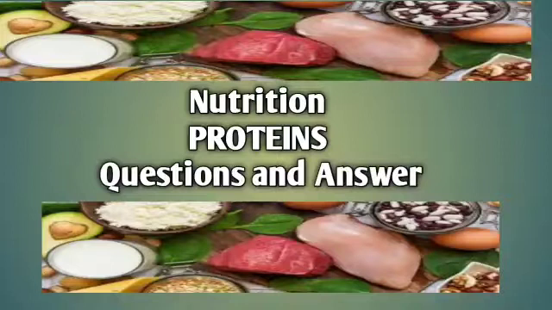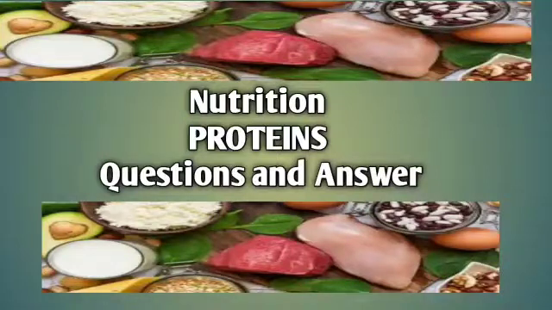Plant complete proteins are soy and buckwheat. Amino acids are the building blocks of protein. An amino acid contains carbon, hydrogen, an acid group, an amino group containing nitrogen, and a side chain.